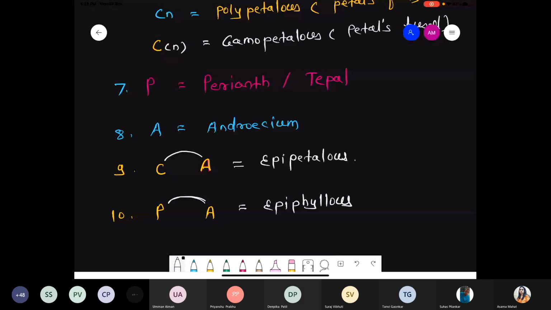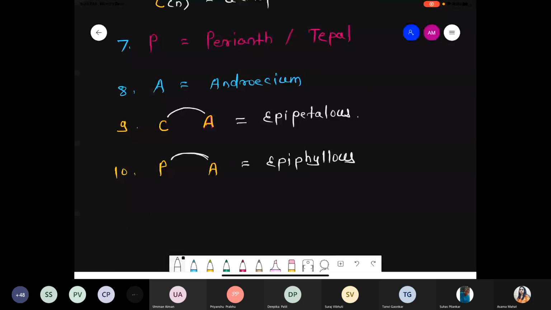And what is the meaning of perianth? Sepal and petal are morphologically similar. We never distinguish which part is sepal and which part is petal. At that time we have to use perianth. And when the androecium is attached to the perianth, we consider it the epiphyllous condition. And if you want, you can give the symbol this way.